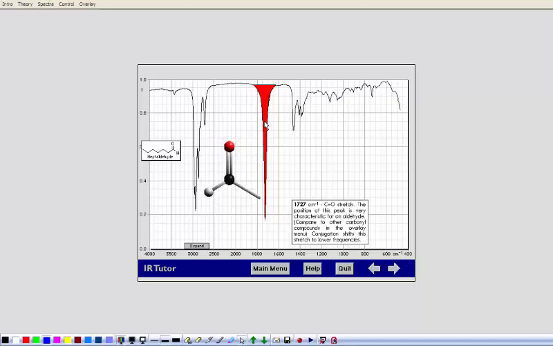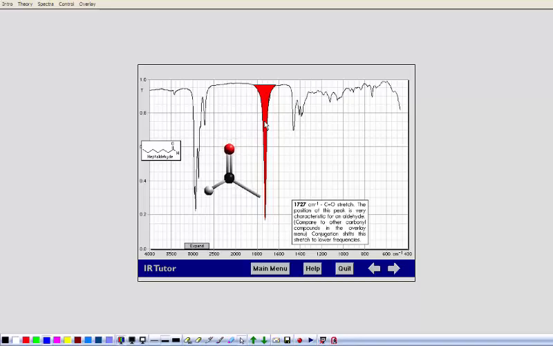There are literally books with tables of what peak frequency corresponds to what functional group, whether aldehydes show up in this narrow region and ketones in that narrow region. All we're going to say is that if you see a strong peak from 1600 to 1800, that indicates a carbonyl is present. It won't tell us whether it's an aldehyde or a ketone. It'll just tell us there's a carbonyl present, and that's all we need to know.